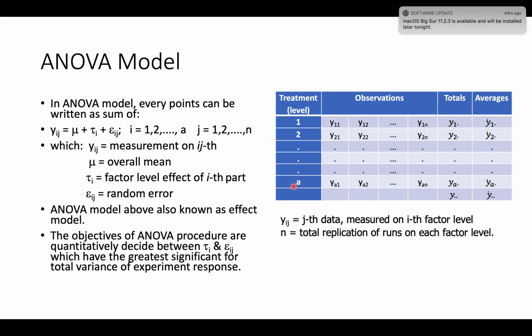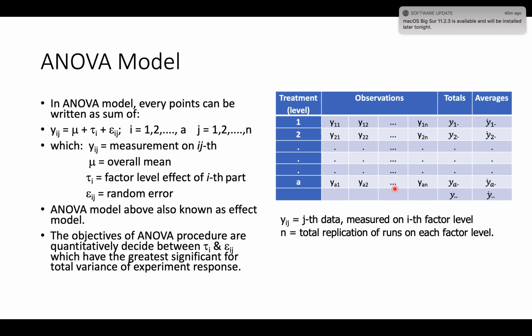The single factor is sometimes called a treatment. The response for each of the A treatments is a random variable. These are all the random variables which are the responses of each treatment at a particular observation.